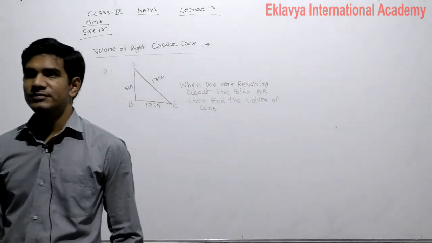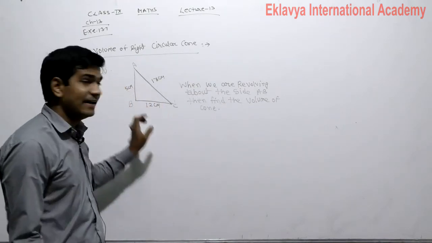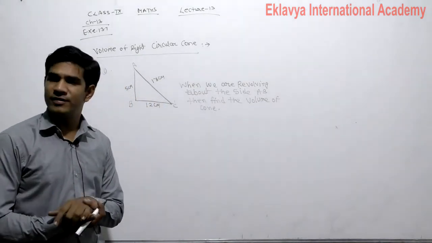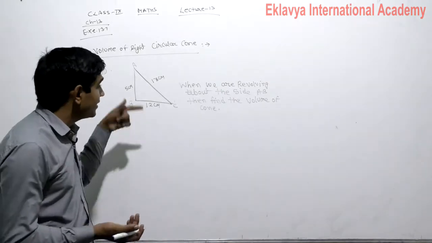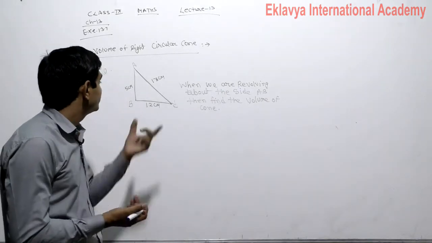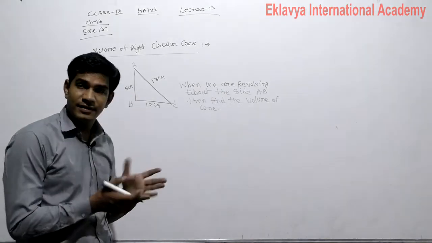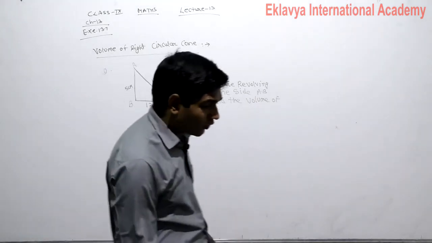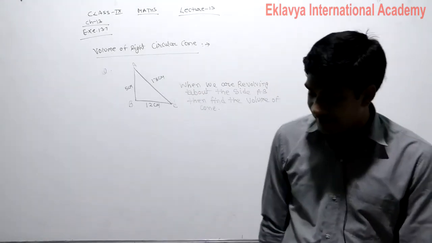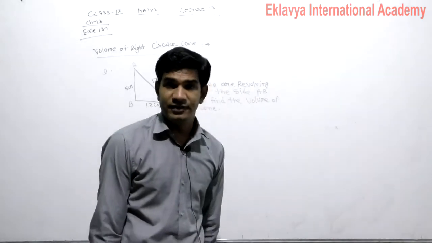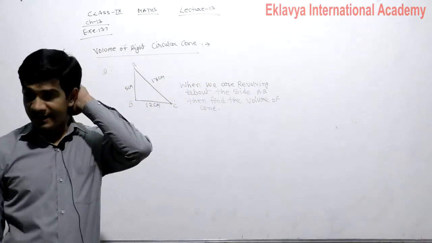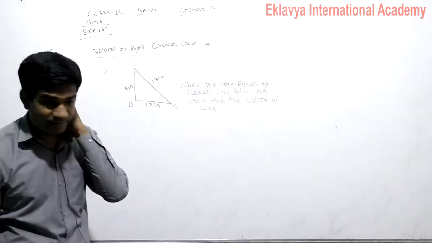of the cone. You have revolved it along the side AB, right? But when we are revolving about side AB, then we are forming a cone. So for that cone, what is the height, what is the radius? If we know that, then easily we can find out.